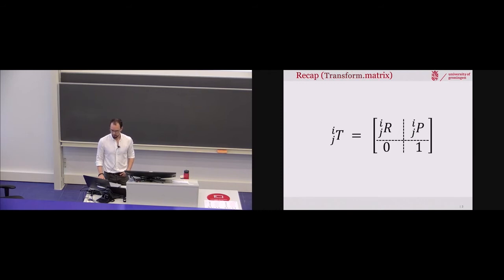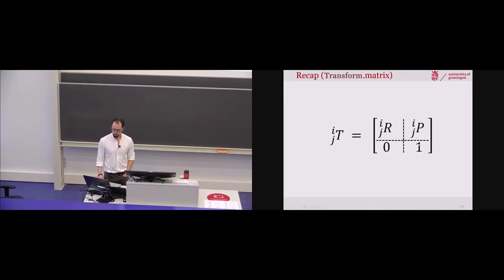So let's start first with a definition of the transition matrix that should be quite clear for you. We have that the transition matrix from frame I to frame J is basically this block matrix in which there is the rotational part from frame I to frame J, the vector, so the position of the origin of frame I to the origin of frame J, and then a 1 over here.